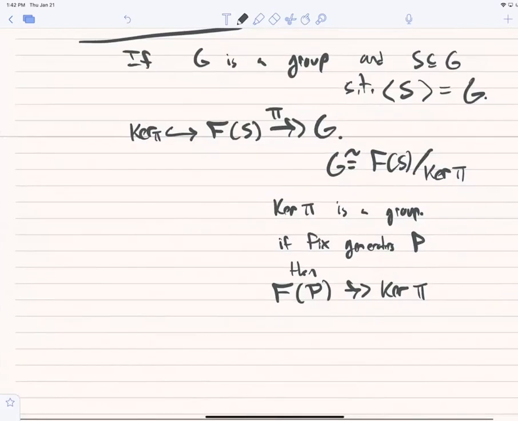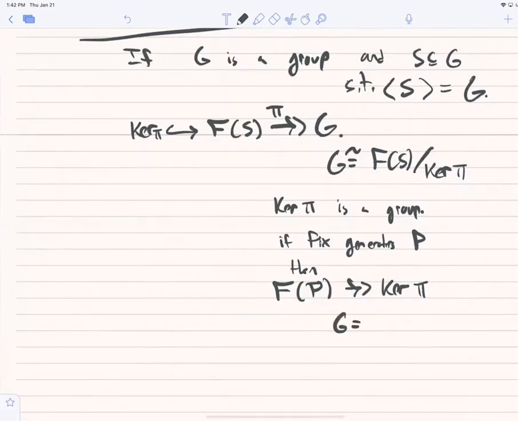And so I can write G is equal to F of S modulo the image of F of P. So I'm writing G as a quotient of a free group, and then its kernel is another group, so I can write that as a quotient of a free group.